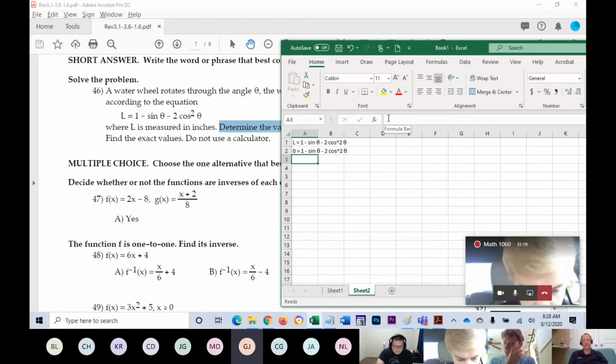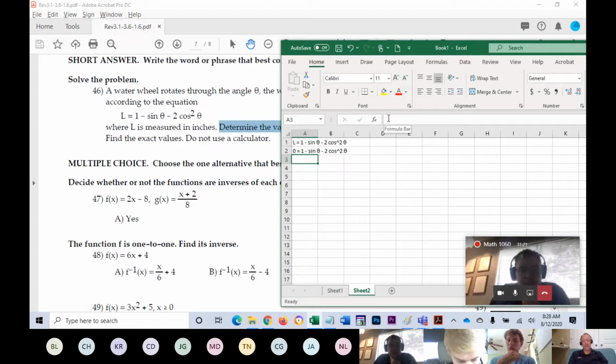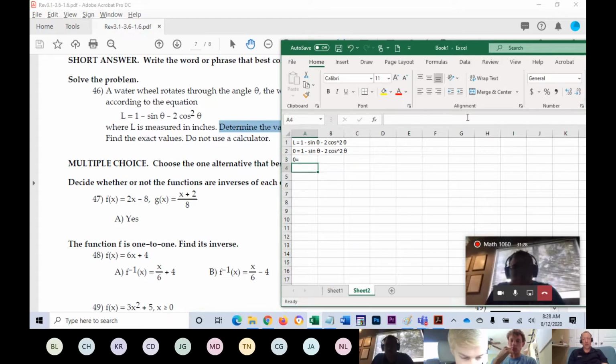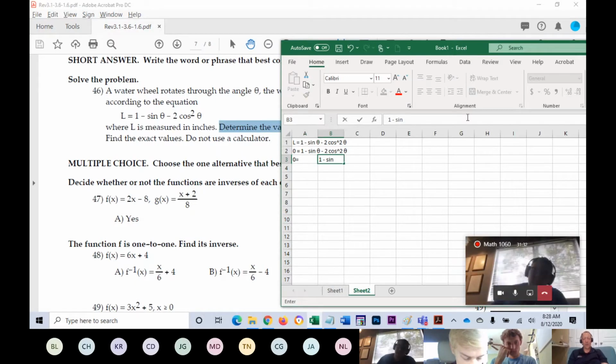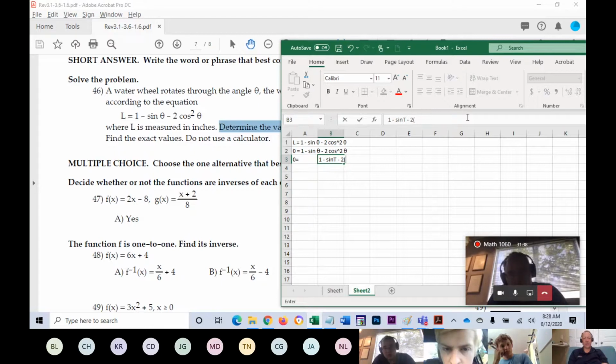Cosine squared of theta is 1 minus sine squared of theta, isn't it? Thank you, Graham. That's perfect. Okay, so I'm going to write it this way: 0 equals 1 minus sine of theta minus 2 times, and say again that identity? 1 minus the sine squared of theta.